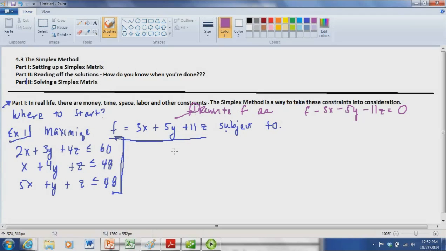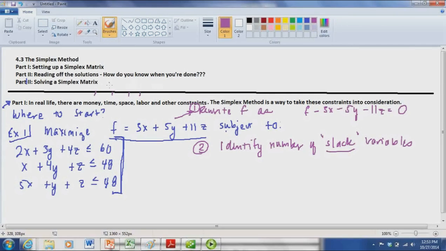Our second step is to identify the number of slack variables. What that slack means, for example, money, time, space, labor would each be considered a slack variable because they're putting constraints on your function, on your maximum.